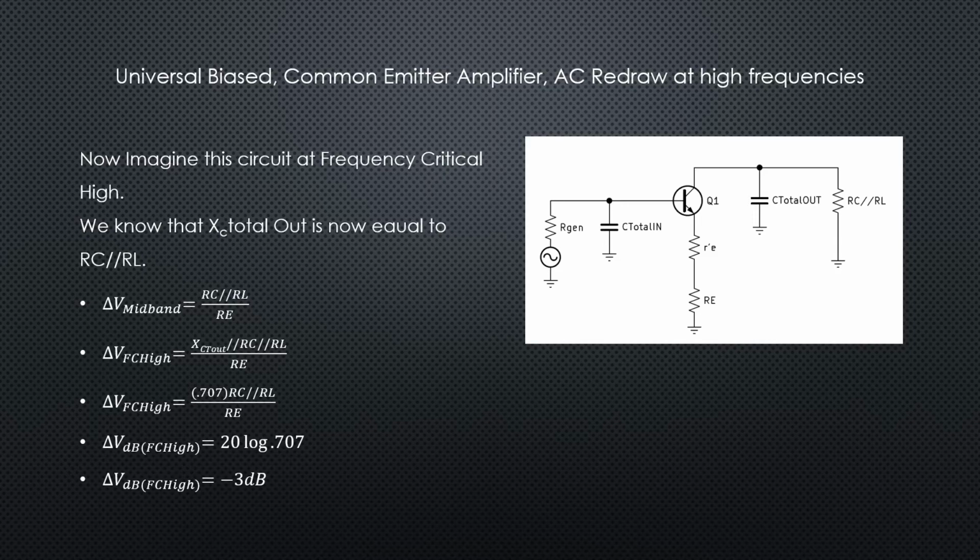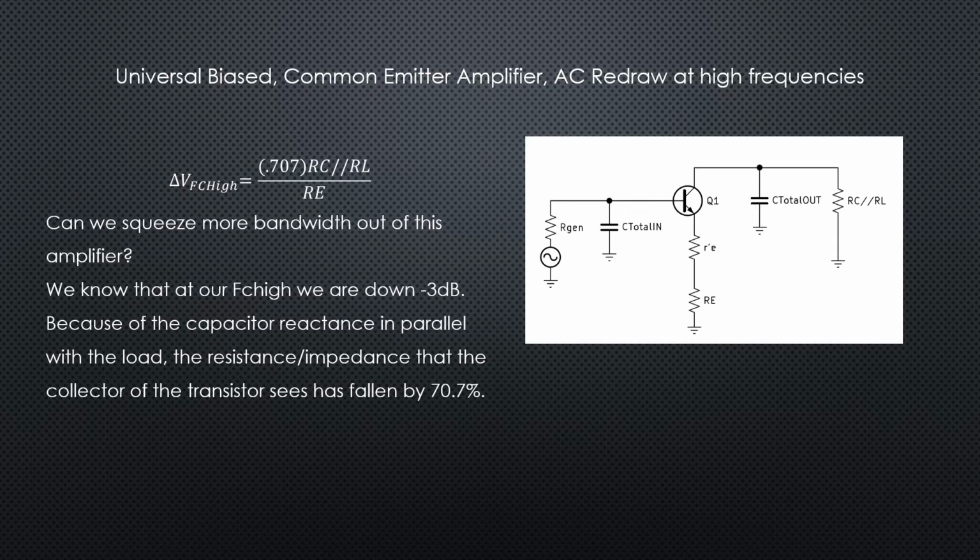And we know that that's where we should be at the cutoff frequency, minus 3 dB. So we know that at FC high, our gain, our delta V, is down by 0.707, or we're at 70.7%. We're also at the minus 3 dB mark.